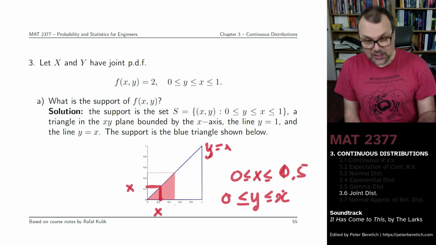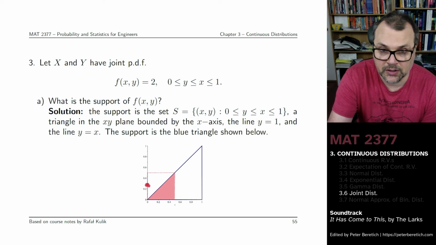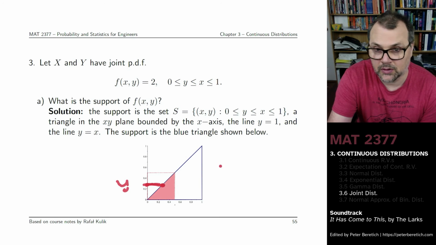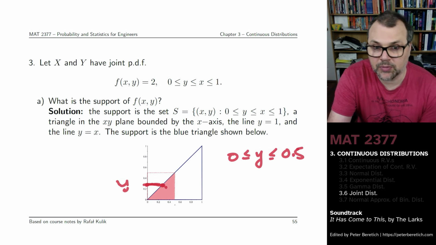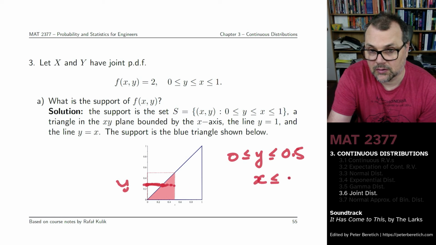You could also see it the other way around. You pick a y value here that goes between 0 and 0.5, and the potential corresponding x values of points cannot go past 0.5, and they've got to be at least as large as y.